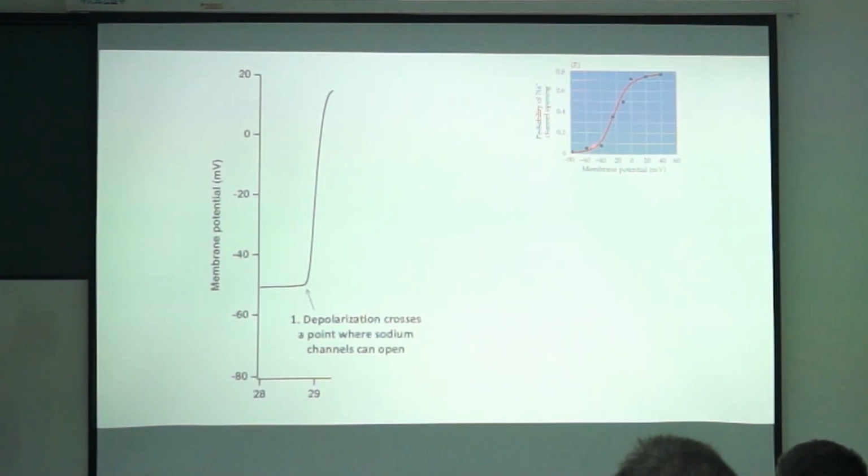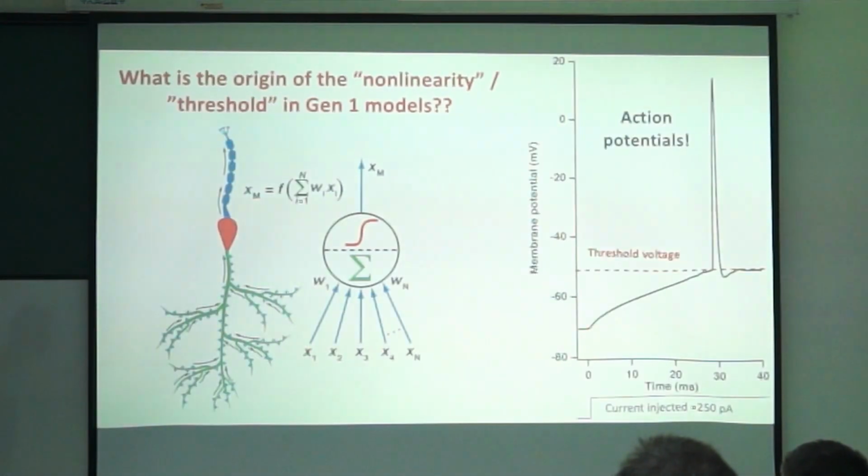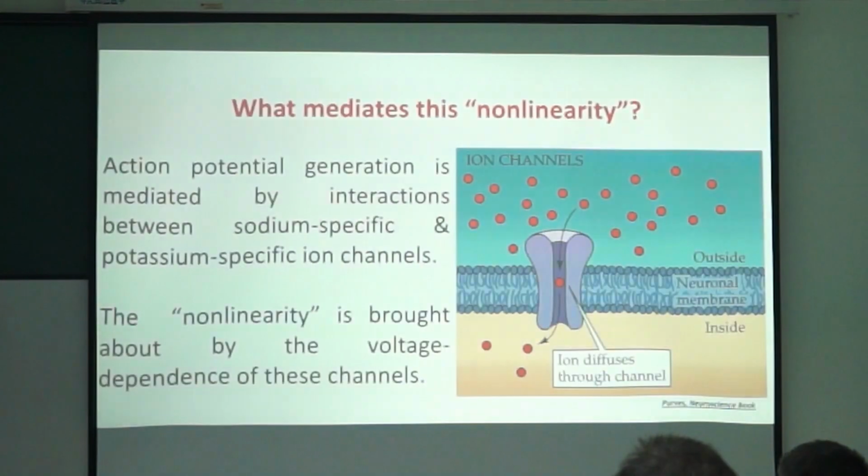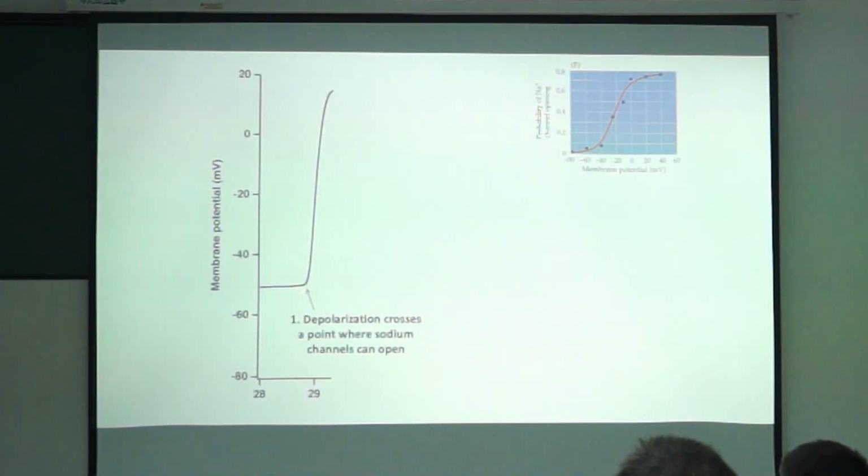And the threshold for opening is around -50 or -40, which is also the threshold for action potential generation. So once you reach this point, the sodium channels start opening, and there is a fast positive feedback loop that drives the influx of sodium into the cell.